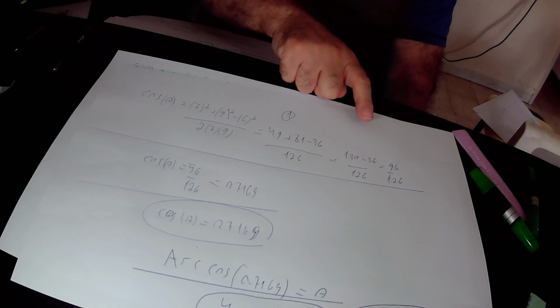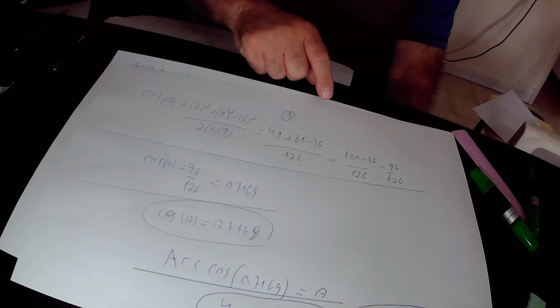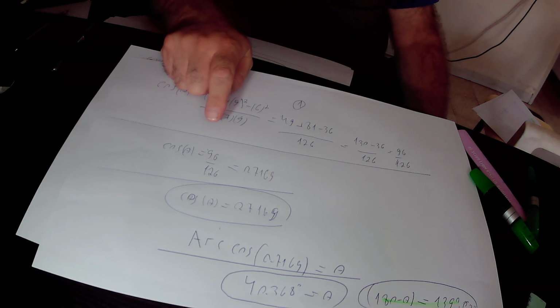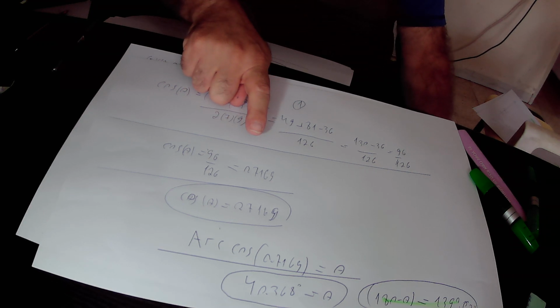So cosine theta equals 96 over 126, which is 0.7169.